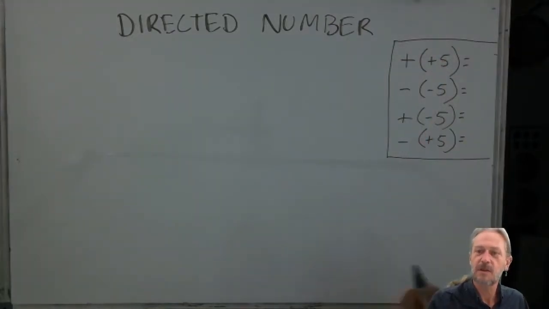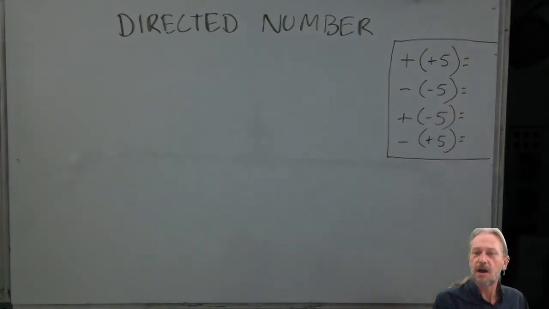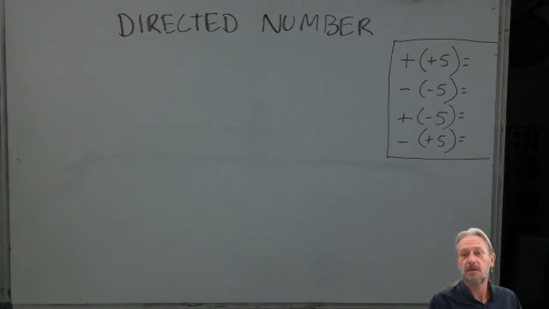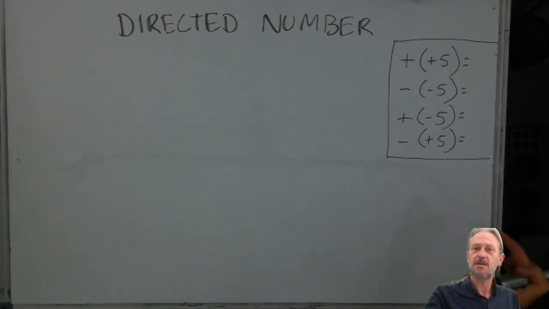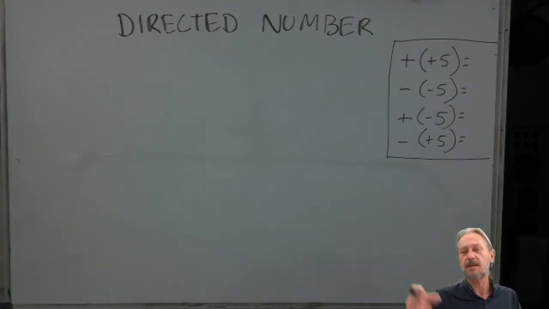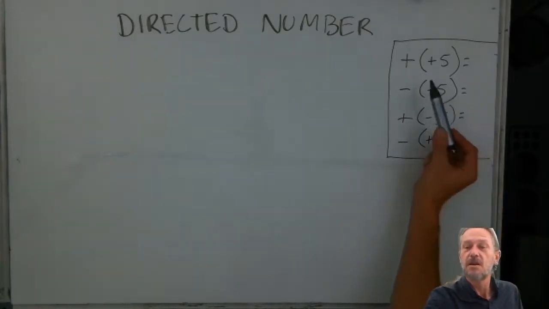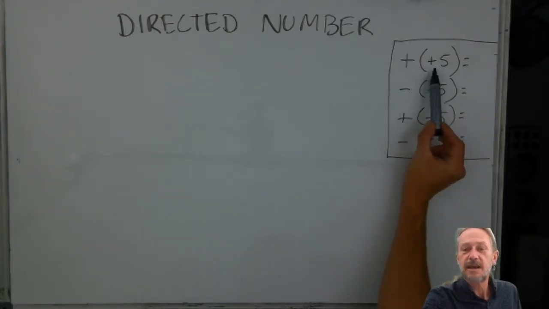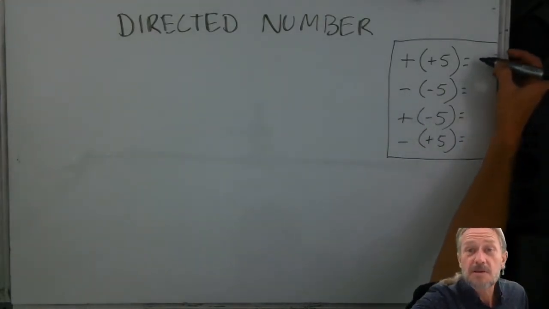Okay, so in the table, when we have two signs together like this, we can combine them into just one sign, or we can turn the operation and the sign into just an operation, and then think about what happens to the number. So a hard and fast rule is when we have two signs the same, so a positive and a positive, or a negative and a negative, we always end up with a positive number.